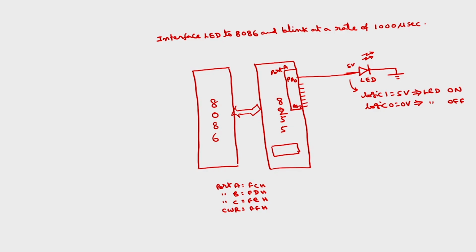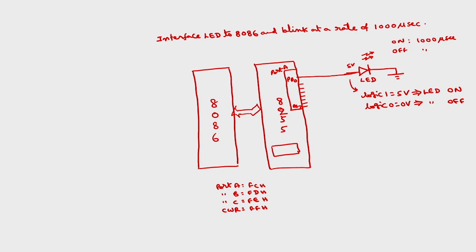But only one port pin will be enough, so I connect to PA0. I am not using port B and port C, so I have not shown them here. You can use a pin of port B as well as port C also. Okay. For these connections, I want to blink this LED at a rate of 1000 microseconds. It should be on for 1000 microseconds, then off for 1000 microseconds, and we have to repeat the same thing.